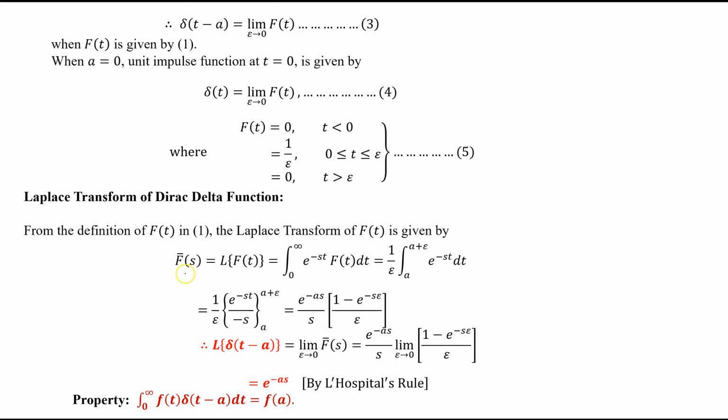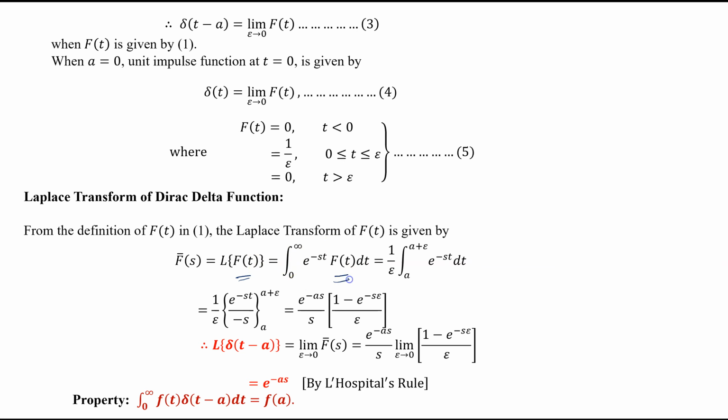Here F of s, we know F of s equals L of f of t. Here, given f of t is this function, so instead of small f of t we have taken the given function f of t, which equals the integral 0 to infinity e power minus st f of t dt according to the basic definition of Laplace transform.